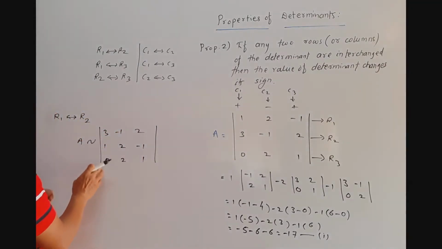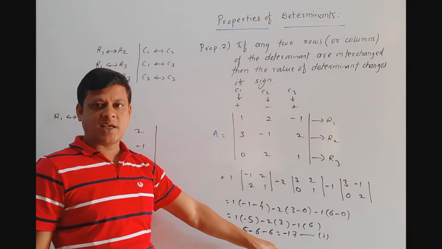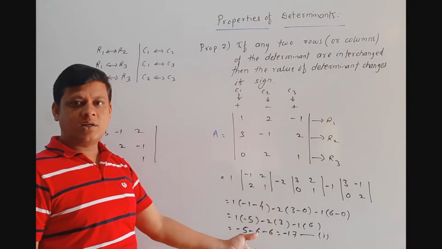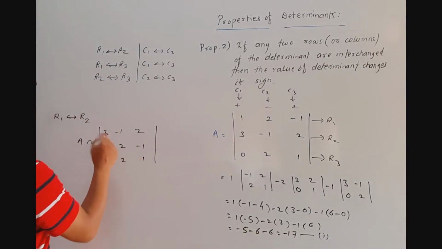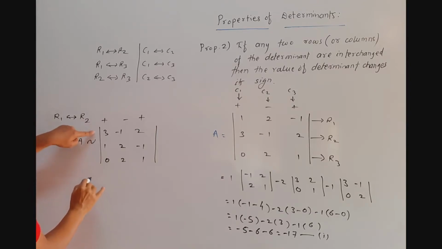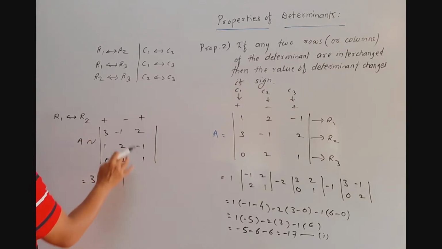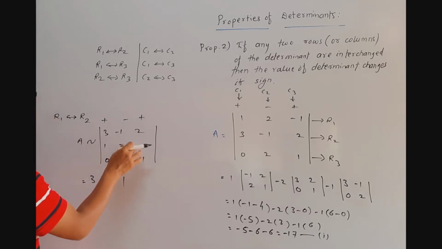That means after calculating this determinant we get a value opposite to this. That means here the sign is minus 17, and after interchanging two rows we get the value plus 17. So we calculate this, plus minus plus. So write here 3 in determinant, 2 into 1, or first we write the determinant.